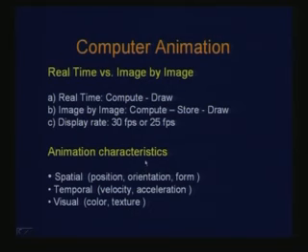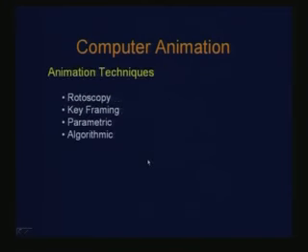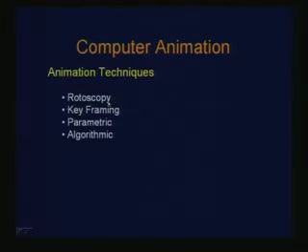Keeping these in mind, let us look at the techniques which could be used for animation and what has been used over time historically in computer animation. There are various methods and we look at them in 4 categories.